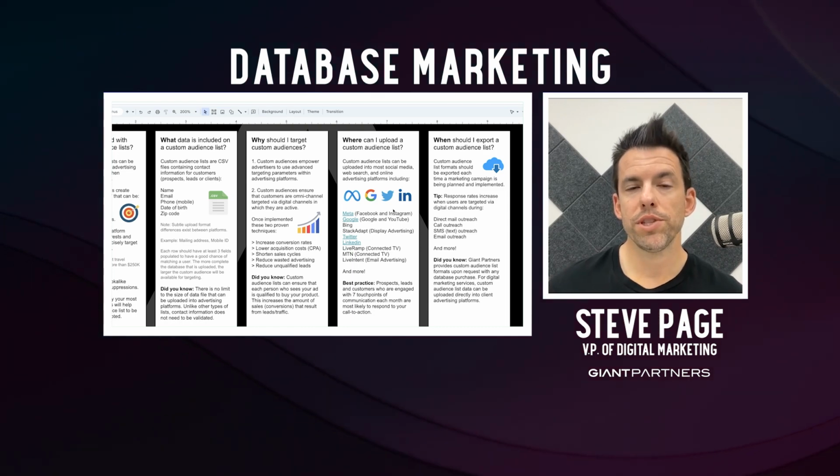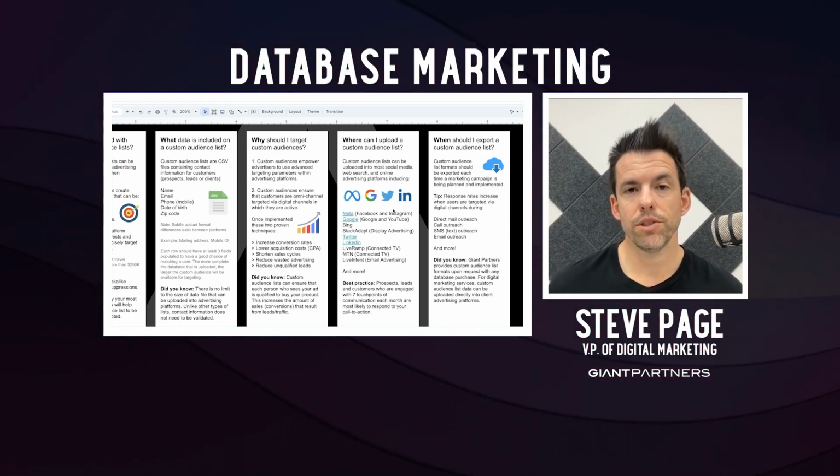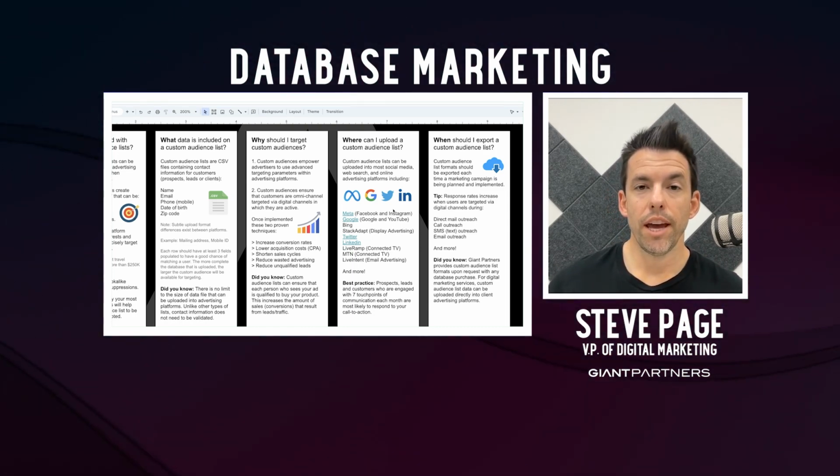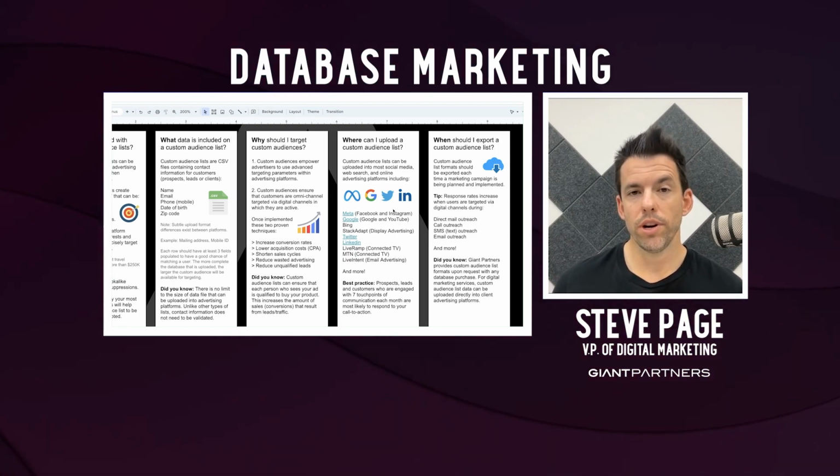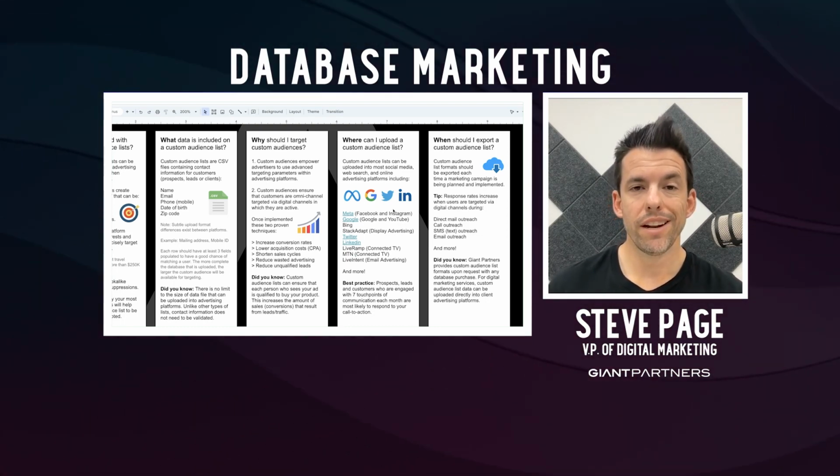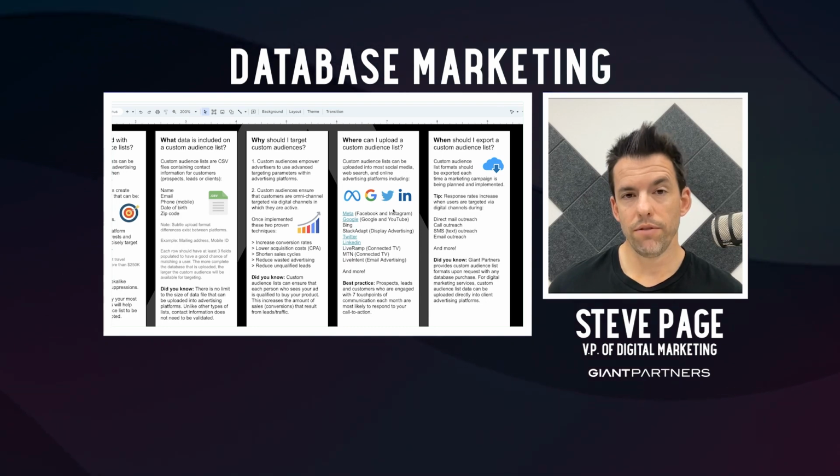So when should you export these custom audience lists to use? Each time you have a marketing campaign planned, you should be using a marketing database. And this goes hand in hand with any of the offline marketing efforts as well.